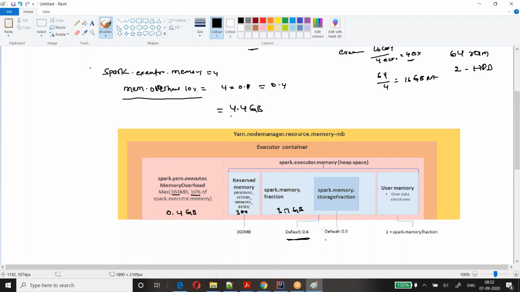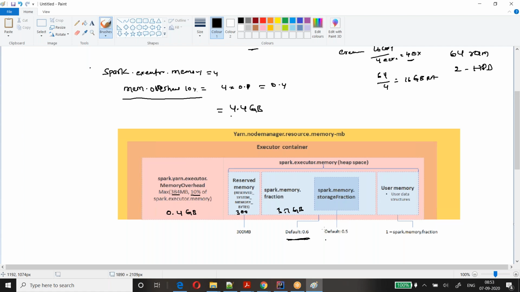So I have 3.7, which means closely we'll get 1.8 or 1.9. Some amount of memory will be allocated to execution and some to storage, 50% here, 50% here.